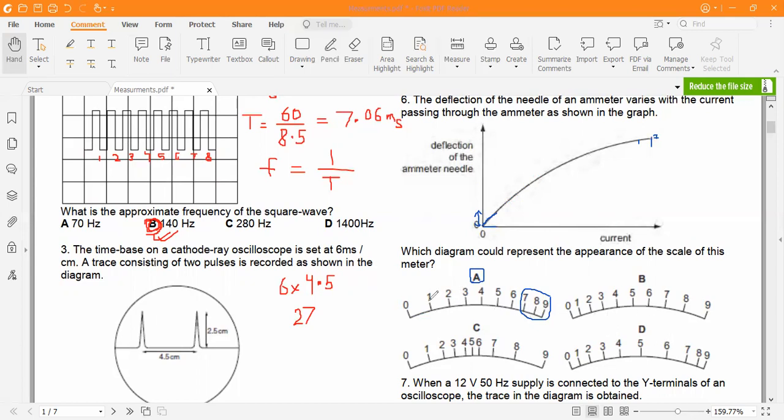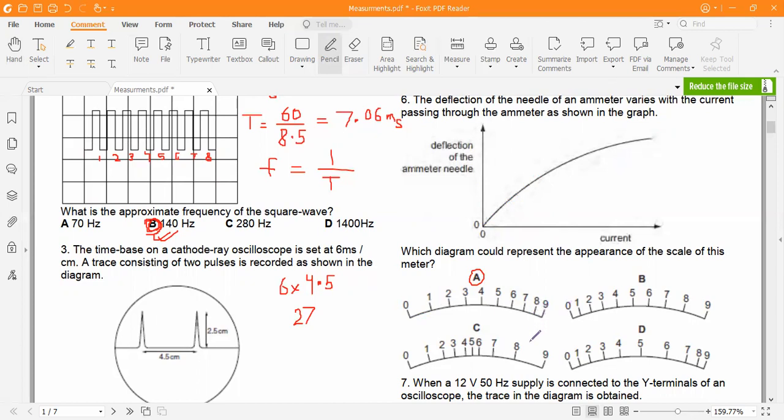So in this case, you can see that deflection is decreasing with current. As current increases, deflection decreases. So the only axis that is consistent with this deflection is A. In A, the deflection is most at the start, and as we move towards the end, the deflection keeps on decreasing.